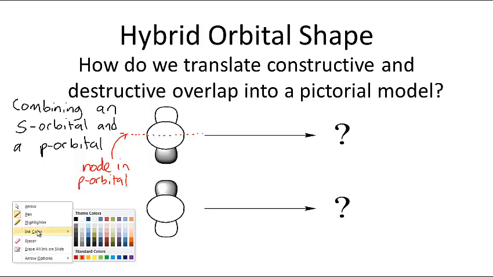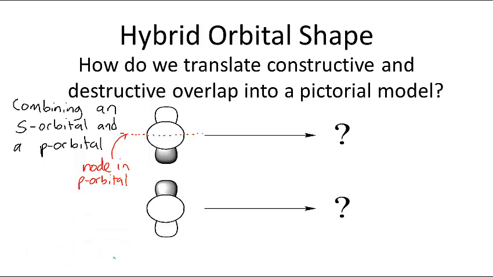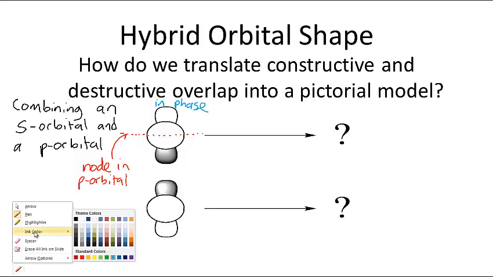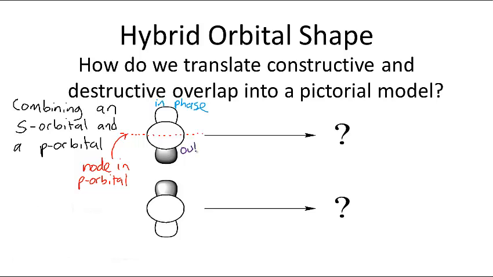Below the line, we have out of phase. And so the result should be an orbital that gets big above the dotted line and then teeny tiny below the dotted line.